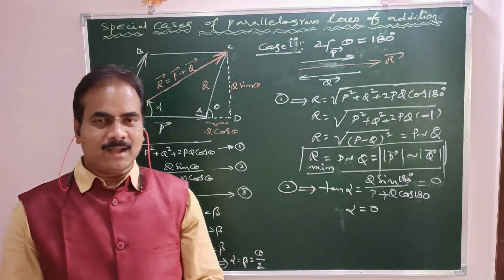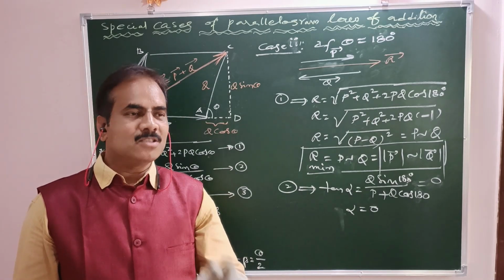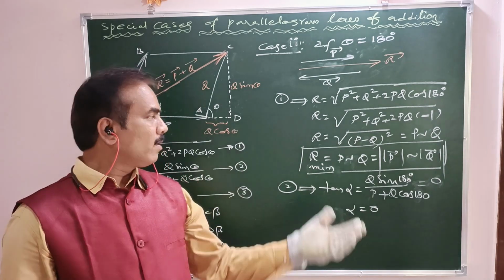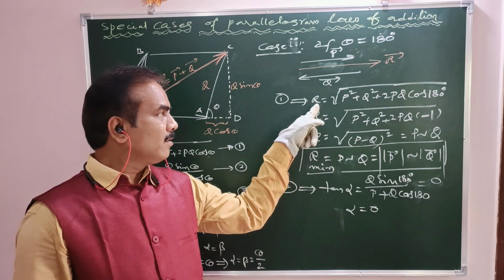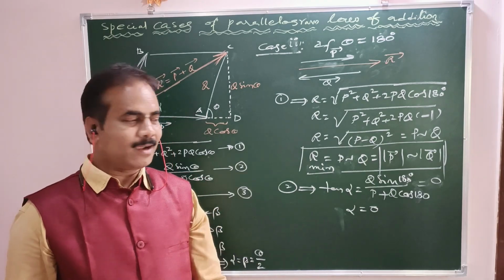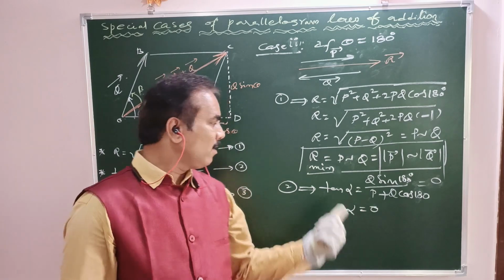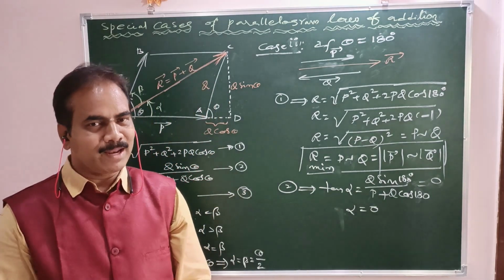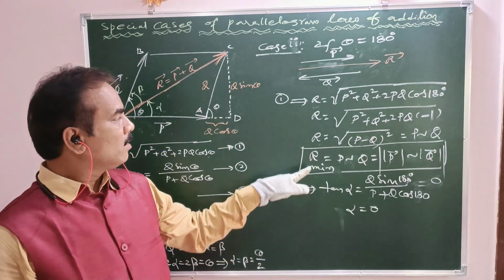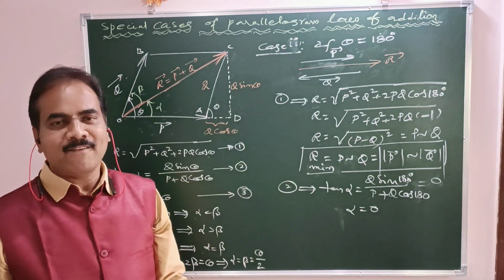For two given vectors, if we change the angle between them from 0 to 180 degrees: for 0 degrees, if the given vectors are parallel to each other, we can get the maximum resultant. If the same vectors are anti-parallel to each other, then we can get the minimum resultant. So this is the minimum resultant for the given pair of parent vectors.